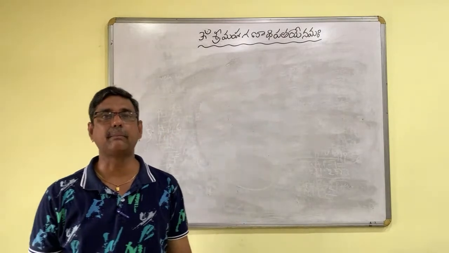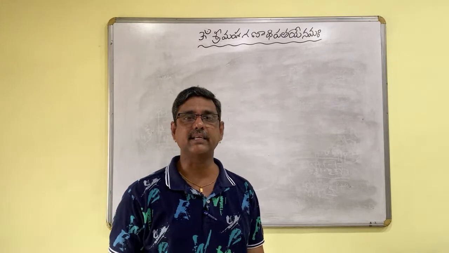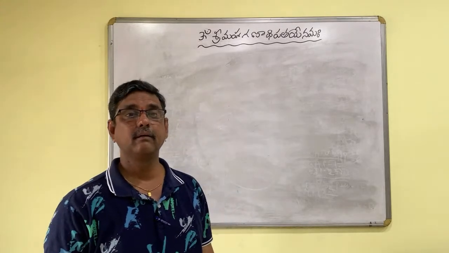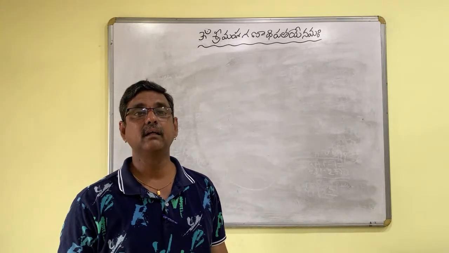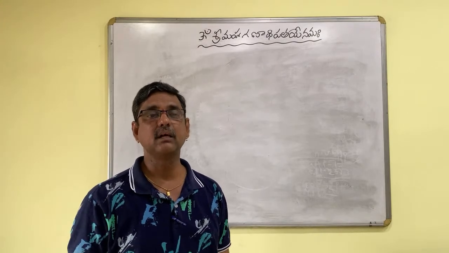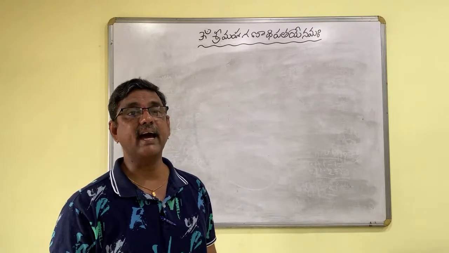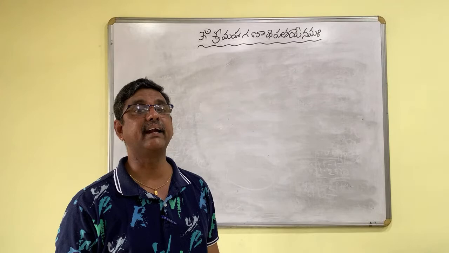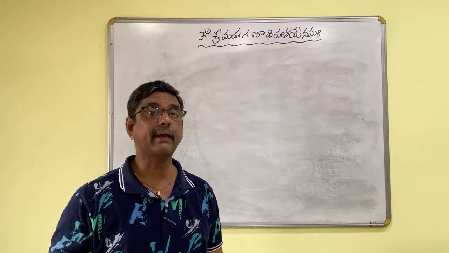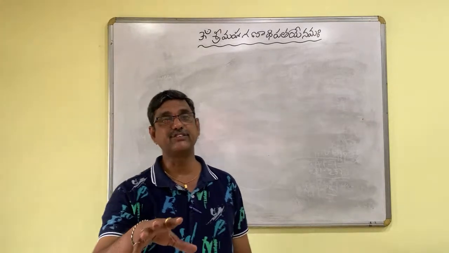So we need to assign those 3, 4 or 5 numbers in a different way, because it is saying that they are in AP, so that the problem can be solved in an easy way.